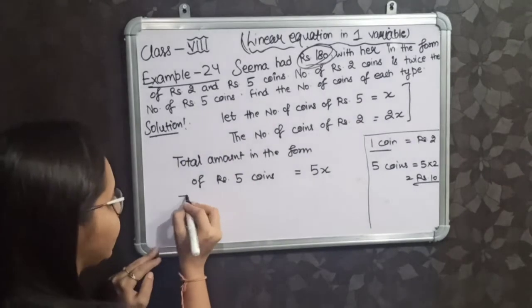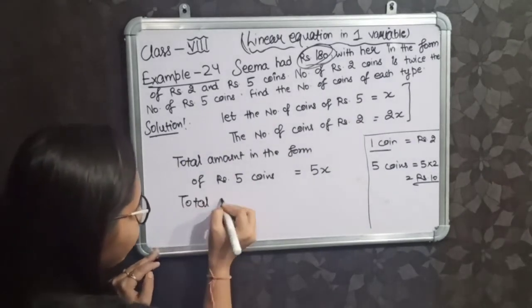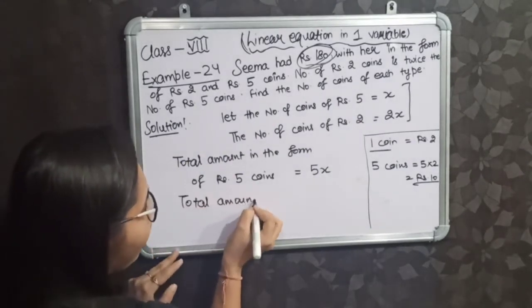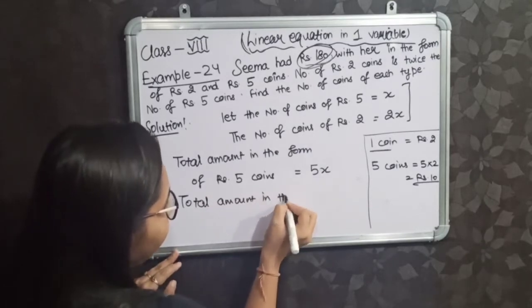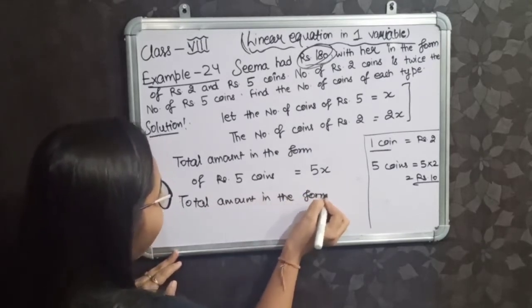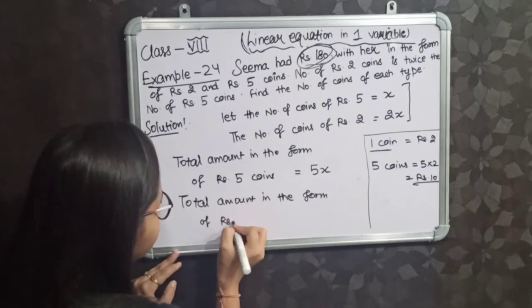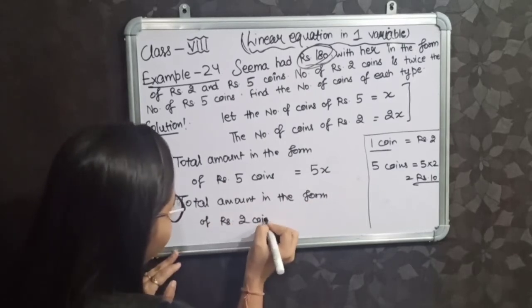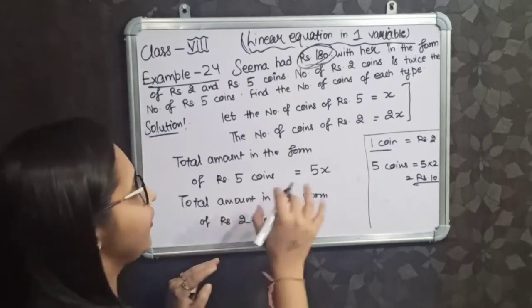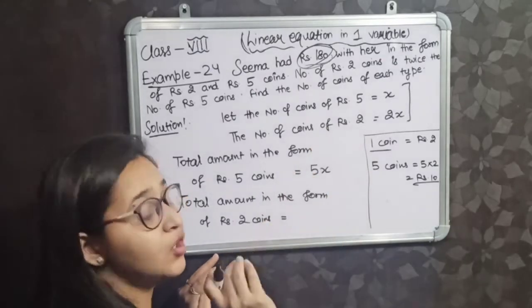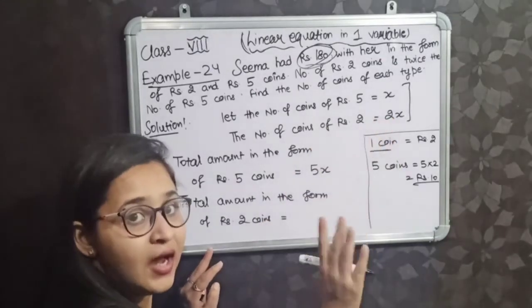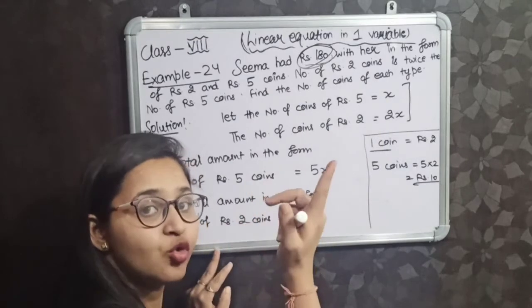Same, the total amount in the form of rupees 2 coins. How many coins do I have? 2X coins. And each coin costs rupees 2.